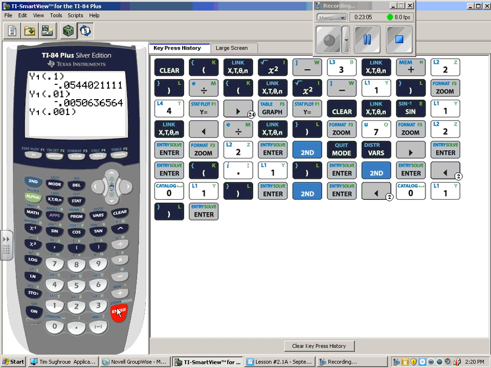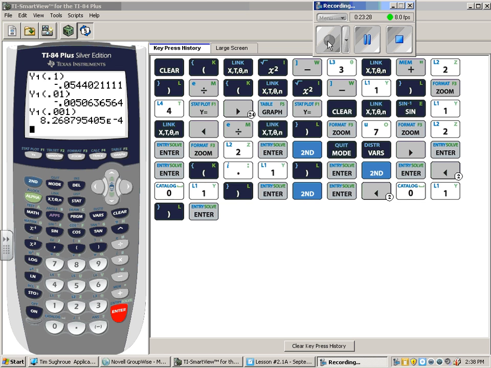And hit enter. There's so many zeros here, it just goes to scientific notation, but this is 0.000082. So you definitely want to put this number, 0.00008, into the table on the other page.